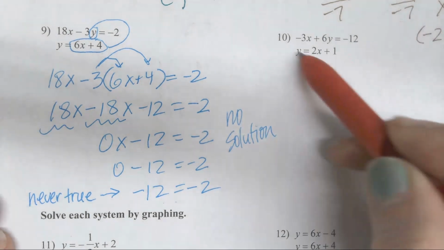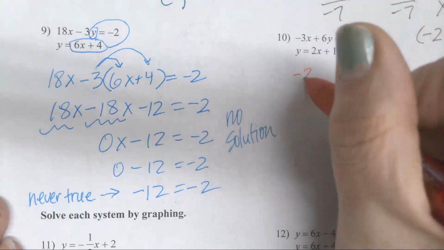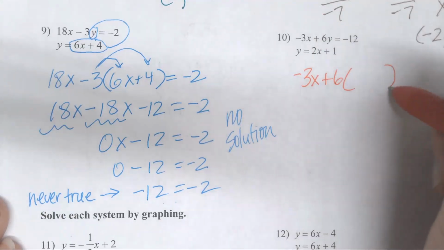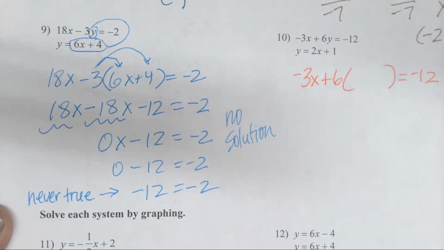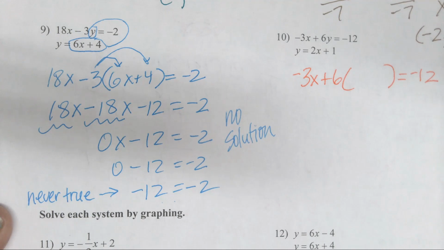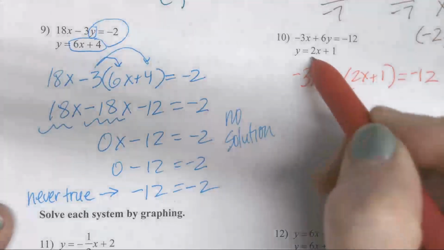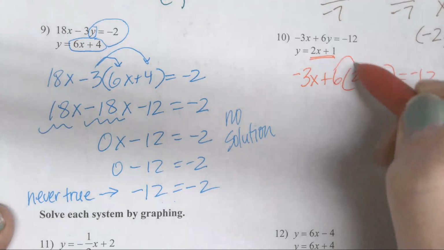All right? What do I do for the next one? What goes in that opening? Nice. Because that was what y equaled, so I substituted that in for y. Distribute.